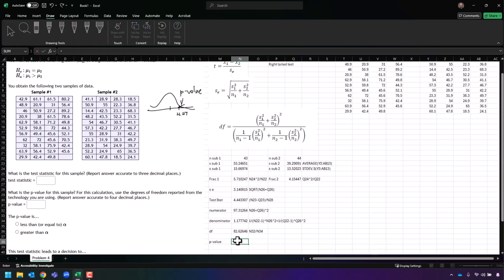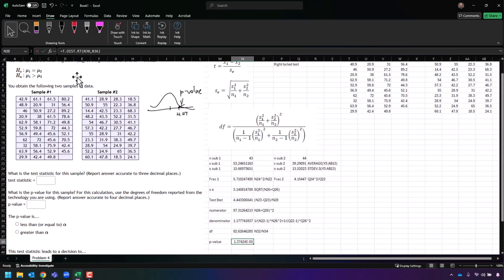So, go back here. To find the p-value, I can do a t distribution right tail. And I have my test statistic and my degrees of freedom. And I've got that.